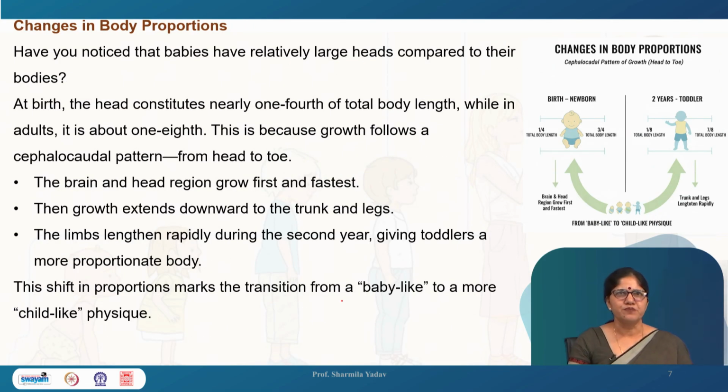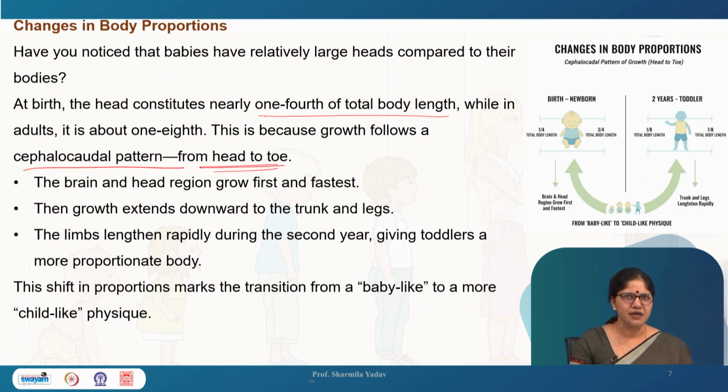Changes in body proportions. Have you noticed that babies have relatively large heads compared to their bodies? At birth, the head constitutes nearly 1/4 of total body length, while in adults it is about 1/8. This is because growth follows a cephalocaudal pattern, that is from head to toe.